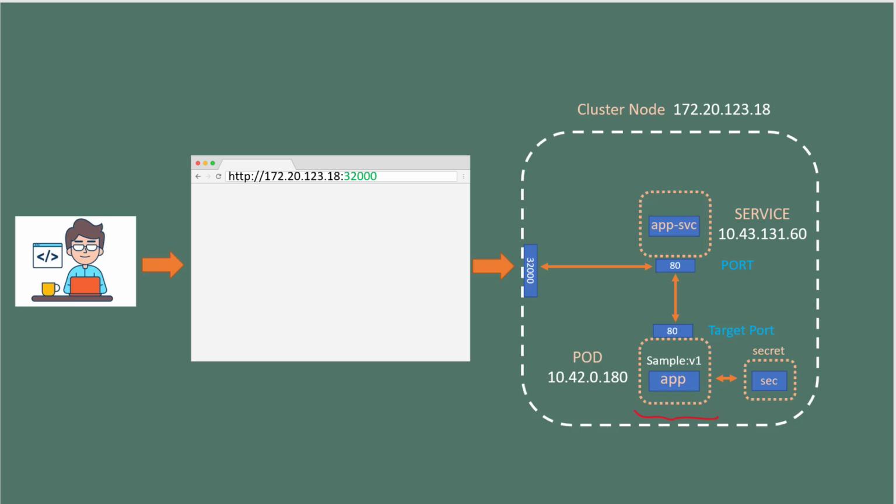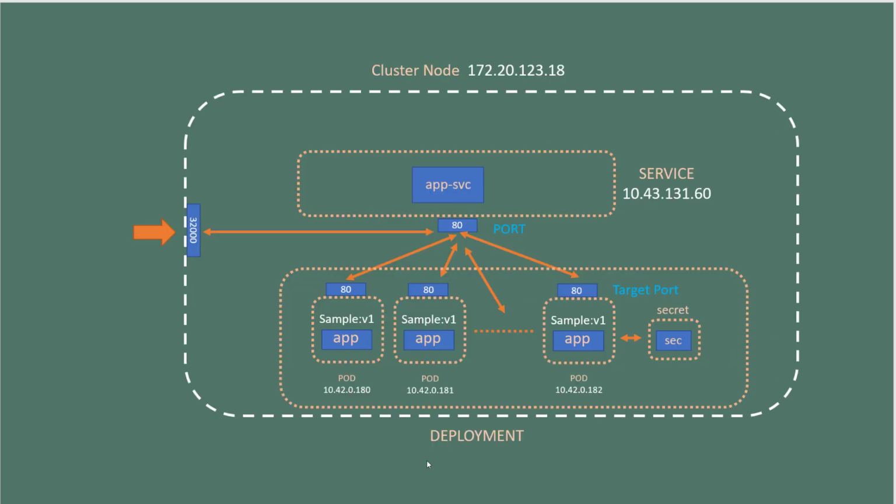What is the solution to resolve this issue? Normally, instead of using a pod, we use a deployment. In a deployment, we can define how many replicas of this pod are in service. For example, we can define 3 pods. If one of them goes down, the others continue working, and automatically a new one will be created to replace it. So instead of using a pod, we are going to use a deployment.